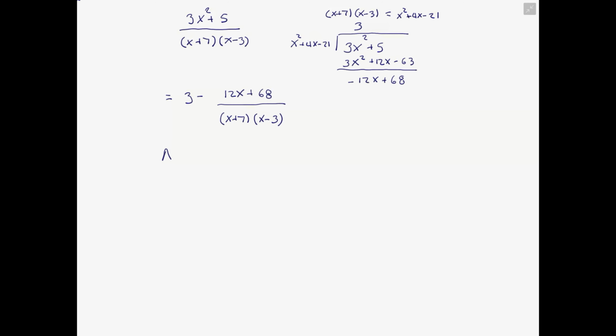Now, what we want to do is use partial fractions.